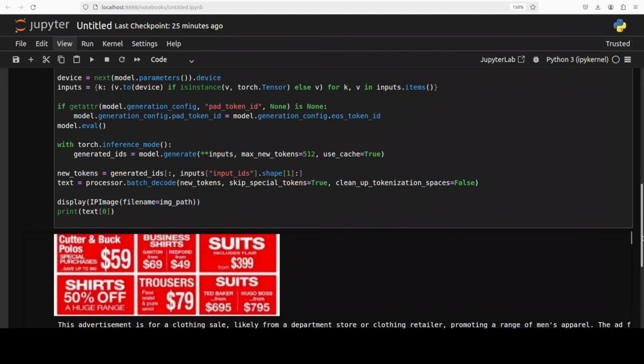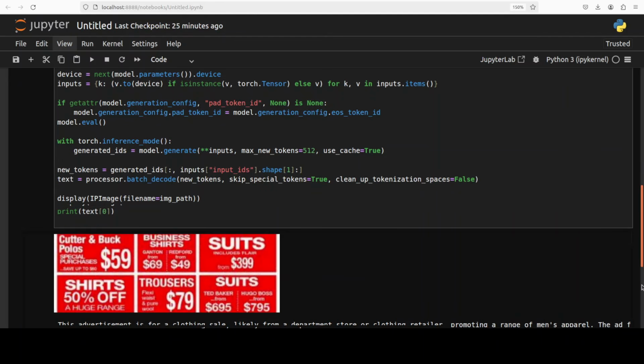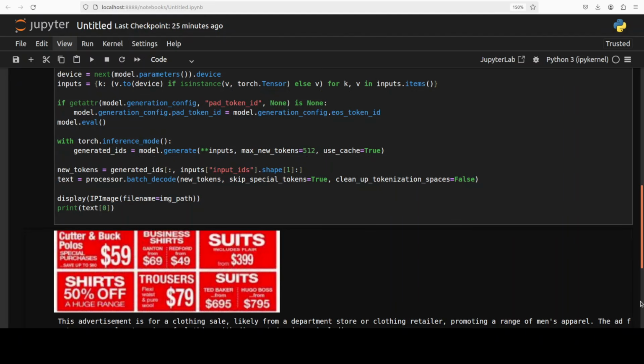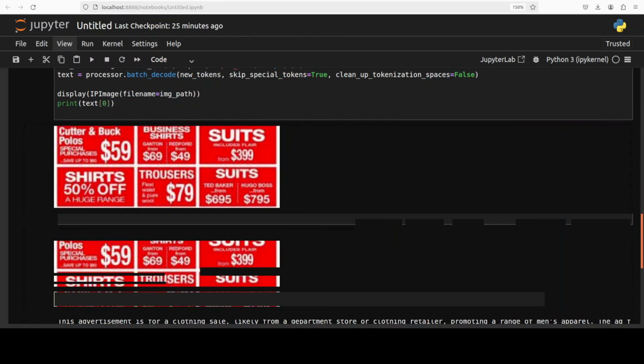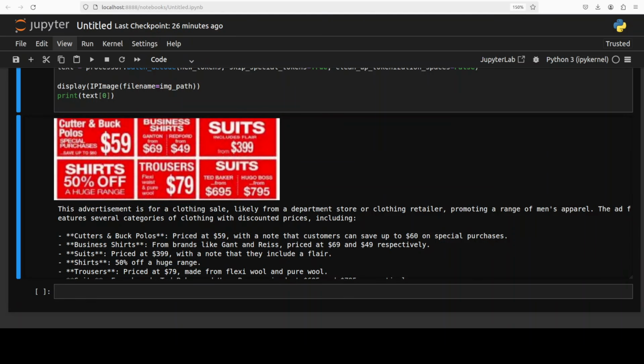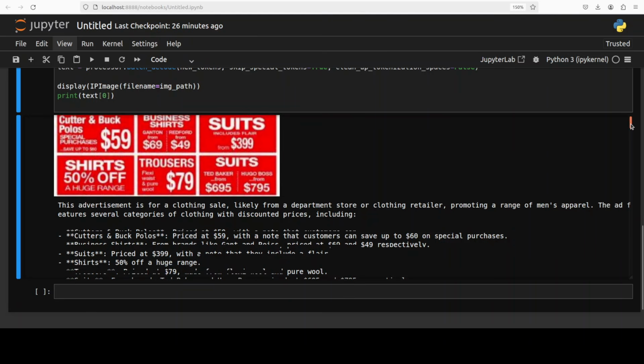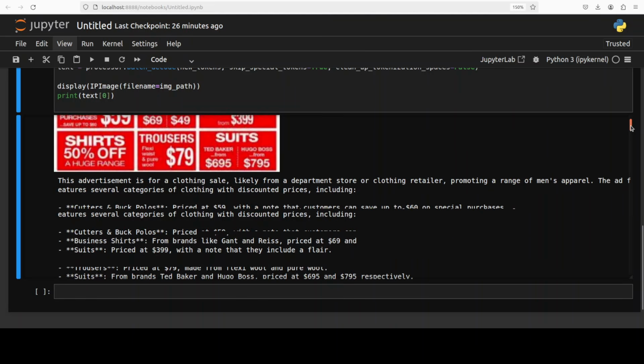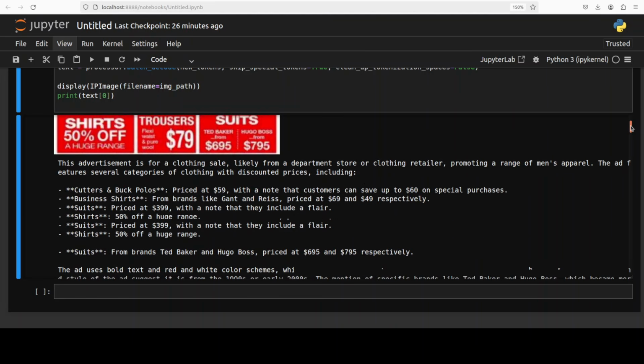Okay, let's go down. So this is the ad, the image which I have given it from the old newspaper. Let's wait. So you can see it's a retro sort of ad which I have given it, and it says that it's a clothing sale, which is correct, likely from a department store or clothing retailer.